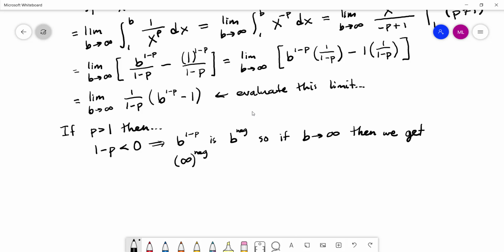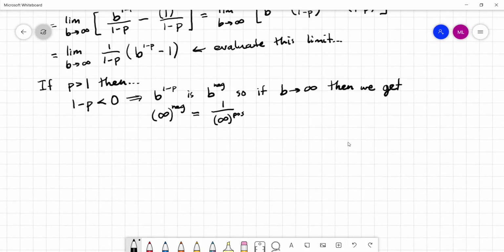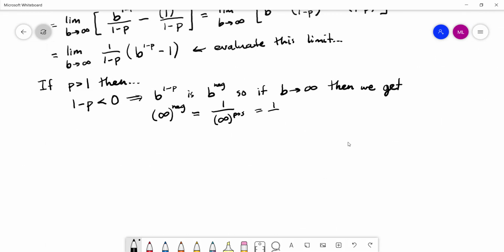And what happens when you take infinity to a negative power? That's the equivalent of doing 1 over infinity to the equivalent positive power. Right? A negative power is the same as doing a 1 over. And when I do infinity to a positive power, that's going to be the same as 1 over infinity. This whole thing goes to 0.